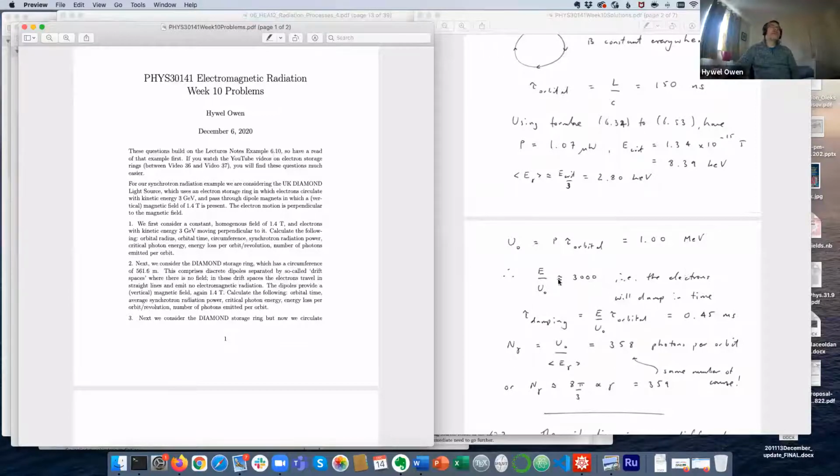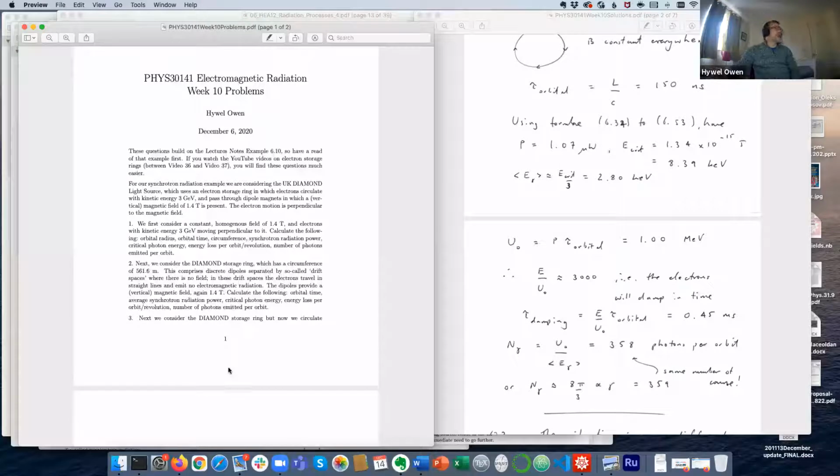So that is the damping value. 3000 turns in the case of these electrons. Now, the damping time that goes with that is the amount of time it takes for the energy to be dissipated. You can see here it is about 0.5 milliseconds, 0.45 milliseconds to be exact. So there is a damping time associated with that loss of energy.